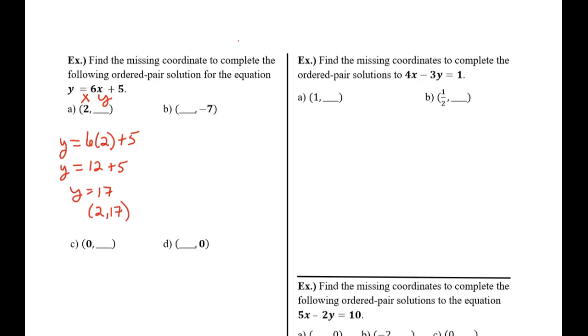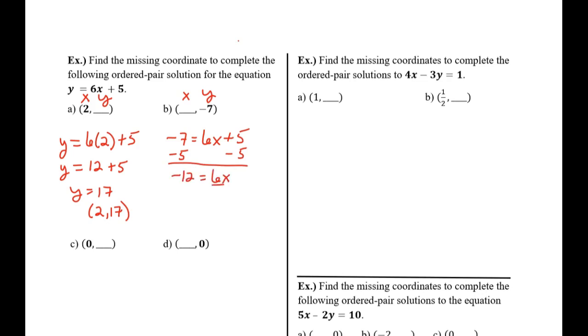Same thing with these other examples. Now I know the y value, but I don't know the x value. So I replace y with -7. I leave x as a variable since I don't know what it is. I want to get x alone, so I need to subtract this 5 to move it away from the x. -7 minus 5 is going to give me -12.